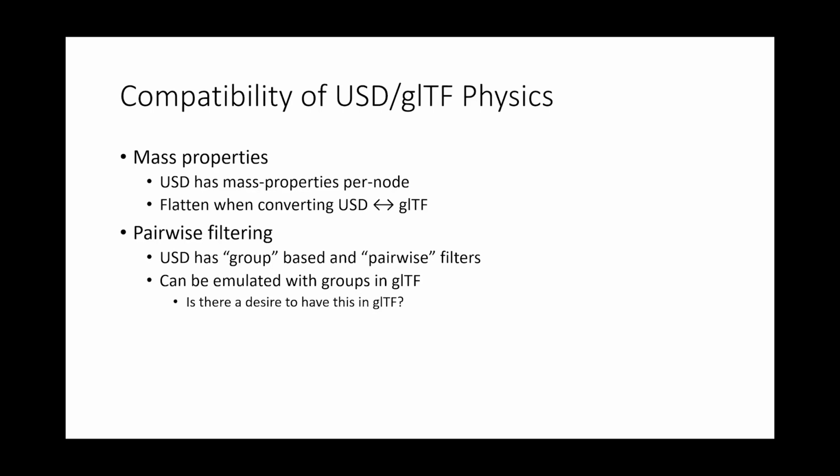So if anyone does have a desire to have the pairwise filtering, I'd love to hear from you. It's a little bit trickier just because of the paths. In USD you can specify full paths to nodes, and glTF is just index based, so there'd be a little bit of management there. But that's probably the other major difference that we have in terms of the functionality.